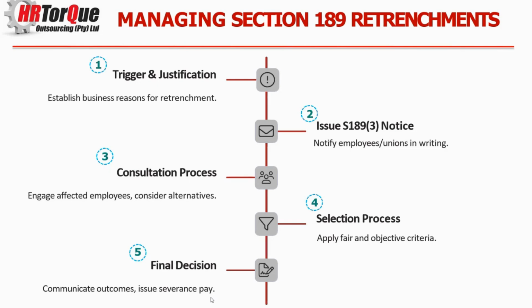The fourth step involves applying fair and objective selection criteria to determine which employees may be retrenched. The final step is to communicate the outcome of the process, issue formal notices of termination, and ensure that severance pay and other entitlements are provided to the employees.